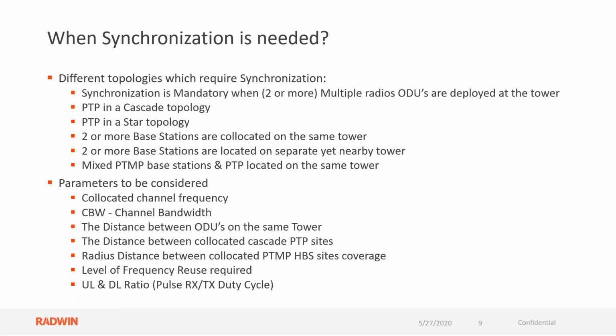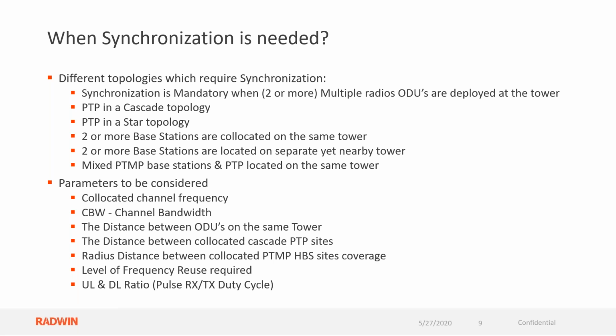The first topology is point-to-point in a cascade topology, where you chain point-to-point links and aggregate point-to-point links. The second is a star topology, where there is a central control location, and from the star you deploy different point-to-point links.